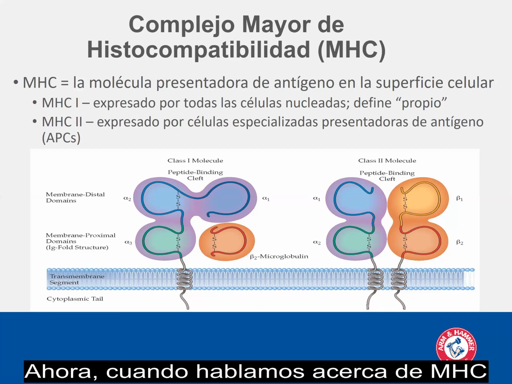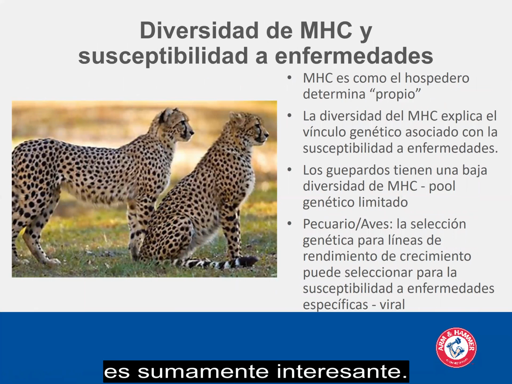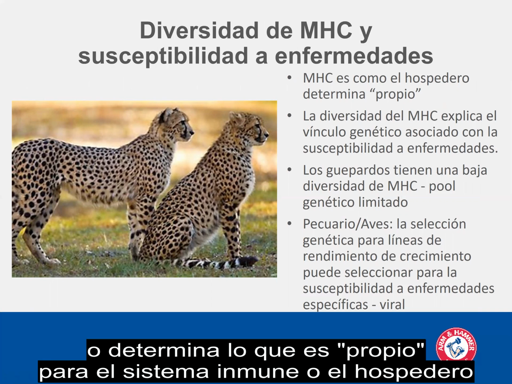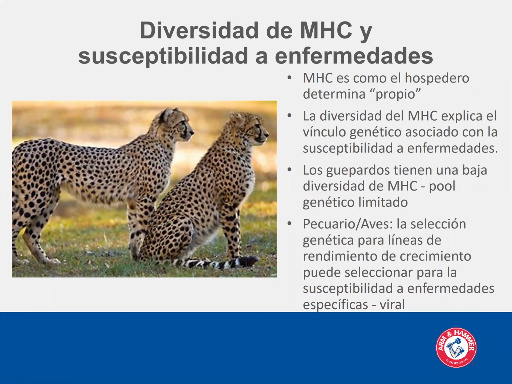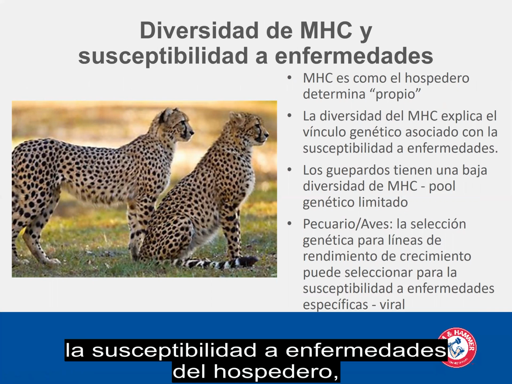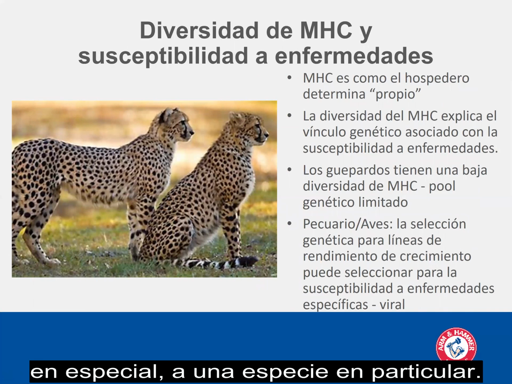And then when we talk about MHC, it's really interesting because, again, going back to that statement, MHC really determines what is self, or the host, and what is foreign for the immune system. And the MHC is associated with disease susceptibility in the host, really more in the host species.